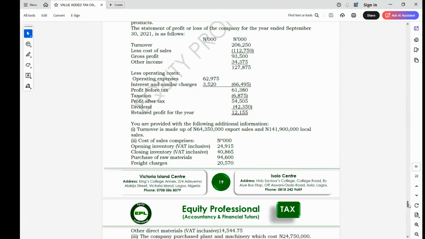The local sales will attract VAT because it is done in Nigeria. The local sales is done in Nigeria, that's why it attracts VAT.